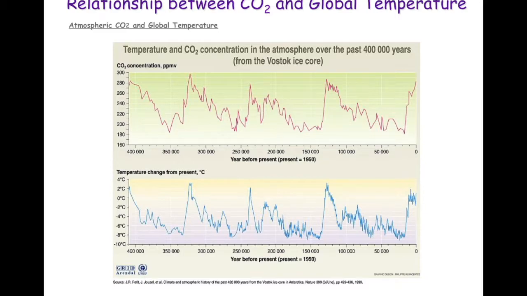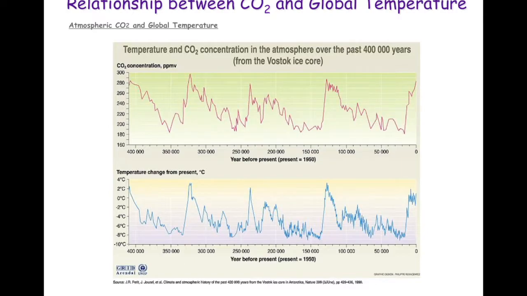So here you can see the amount of carbon dioxide in parts per million volume on this top chart, and you can see that even in the past 400,000 years, the amount of carbon dioxide fluctuates up and down, and this actually correlates to the ice ages and the climate change of the planet.